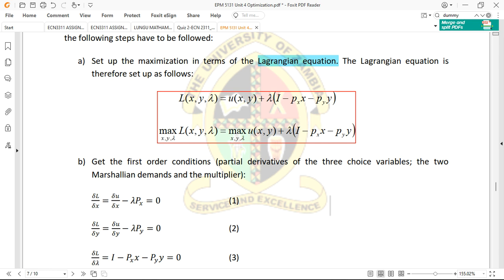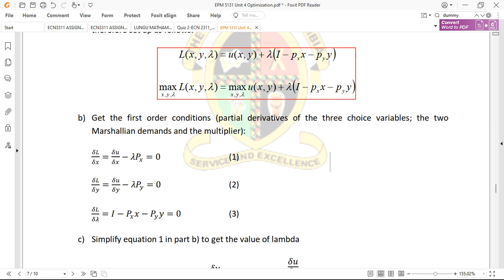So of course, the first thing is to set up the maximization in terms of the Lagrangian equation. Then after that, we need to get the first order conditions, which are just the partial derivatives of these three variables. Remember that we have this function here that we are trying to maximize.